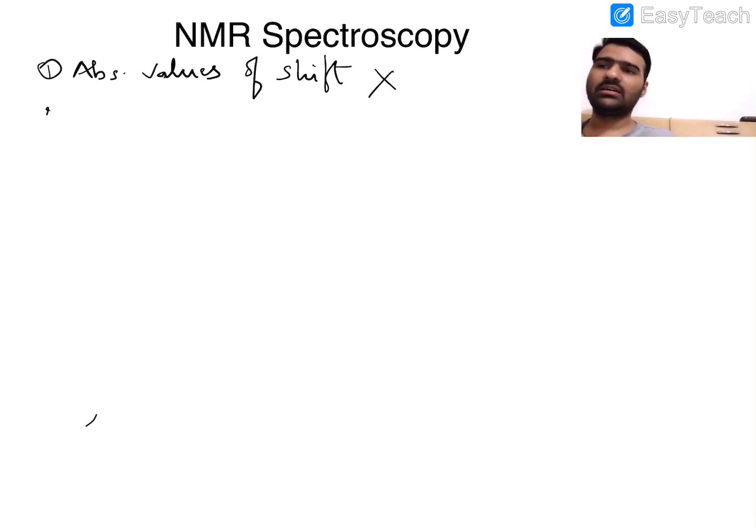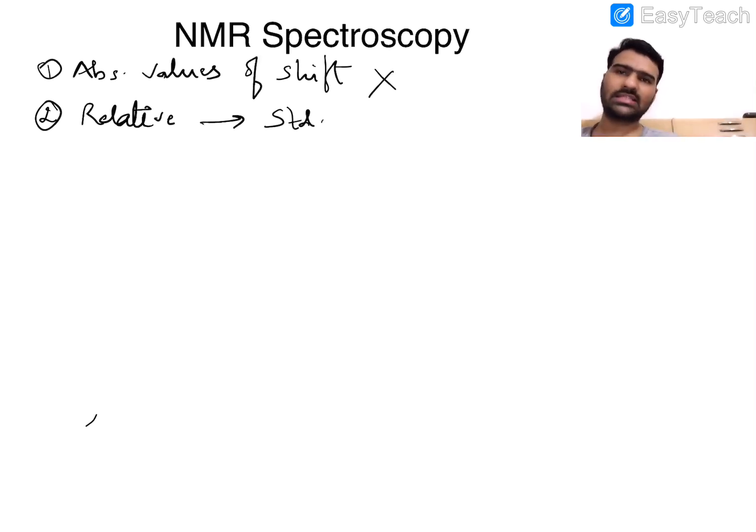We just need a relative shift, and it should be relative to that of some standard. So if we also run a standard internally along with the sample that requires to be analyzed, it's enough for us to measure the difference between the peak position of the standard reference compound and that of the various nuclei present in the sample.